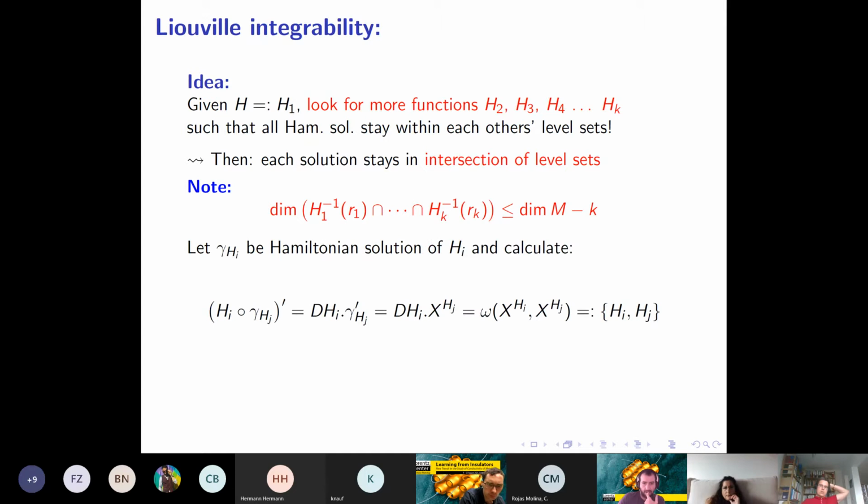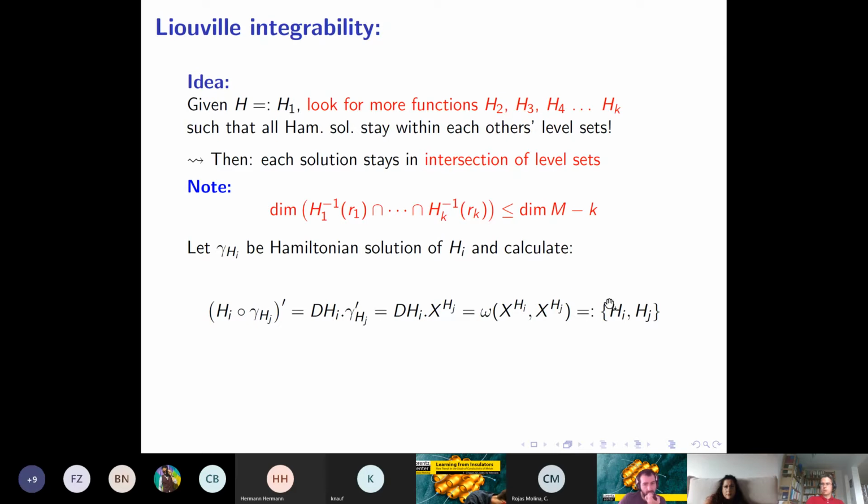Okay, and then comes the question, how do you express this in a more algebraic way? And then you finally notice that this is actually the notion of the Lie bracket. So when you just have a look at one function along another solution, and you look at the derivative of that, by plugging in the definition of the Hamiltonian vector field and so on, you find both Hamiltonian vector fields plugged into the symplectic form.